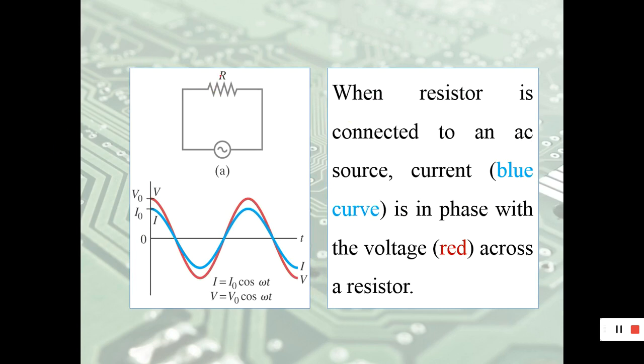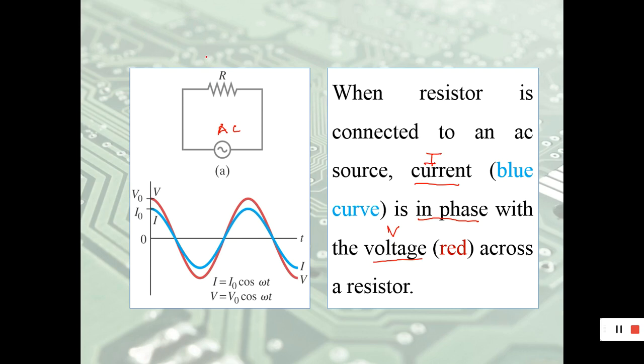So when the resistor is connected to the AC voltage, the characteristics of the graph will be that current and voltage will be in phase. Current I and voltage V will be in phase.